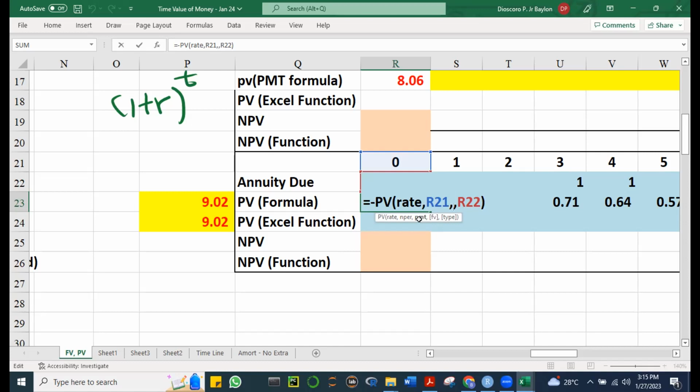We're not treating this as an annuity. We're treating this as a future value. So annuity none, and our future value is 1, the cash flow above. We ignore the type because the type is only for annuities. We're treating this as individual cash flows, and there's nothing to fix there. We can copy the formula all the way to the right to year 29.